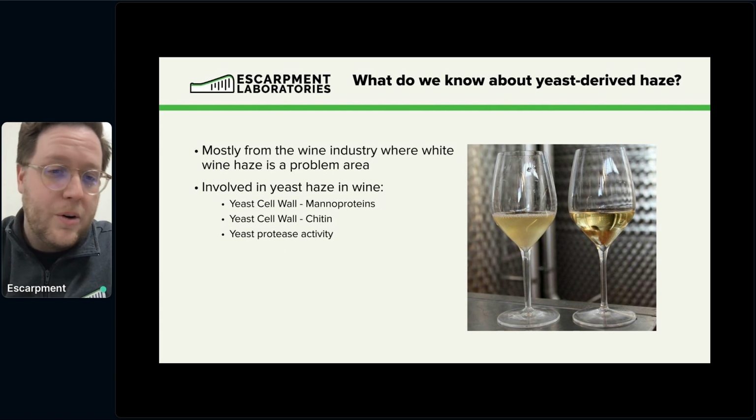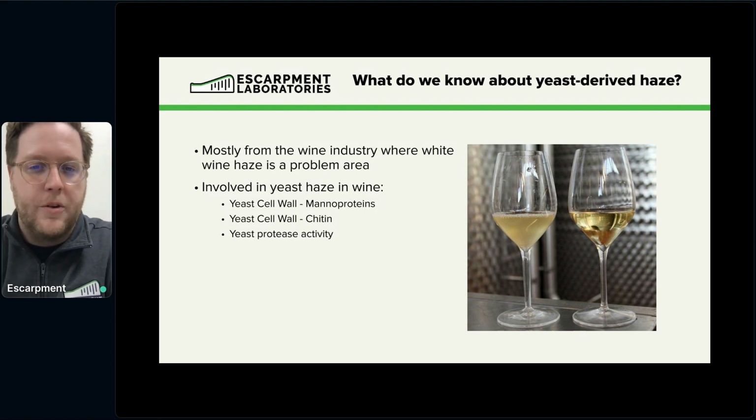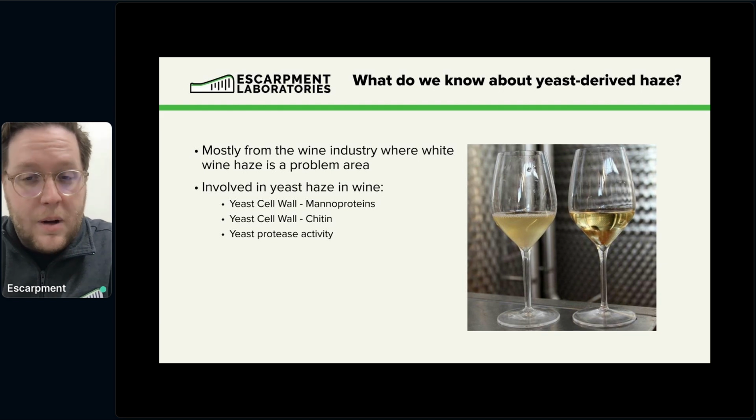And because we're the yeast people at Escarpment Labs, we are going to talk a little bit more about yeast-derived haze. A lot of our historical knowledge on yeast-derived haze is mostly from the wine industry. White wine haze is a problem area for a lot of the same reasons. You don't have a whole lot in there for yeast to stick to and flocculate out, and you also have other stuff that comes off the yeast cell that can cause haze.